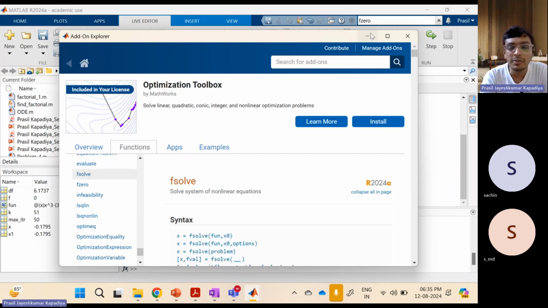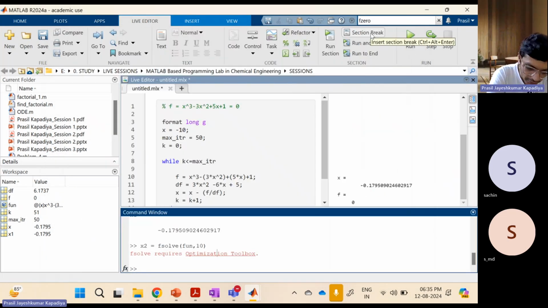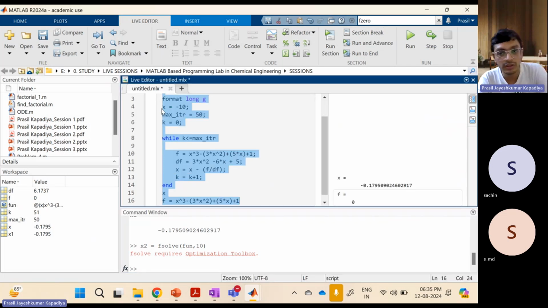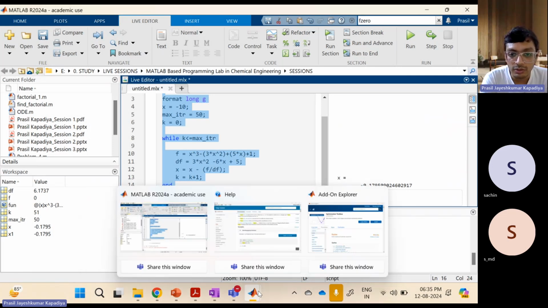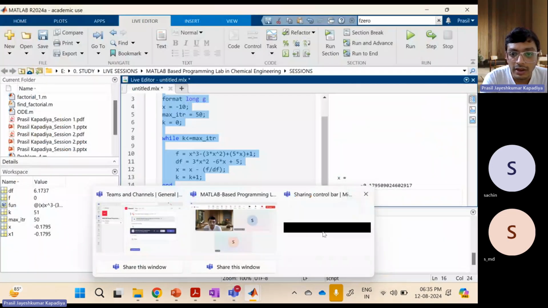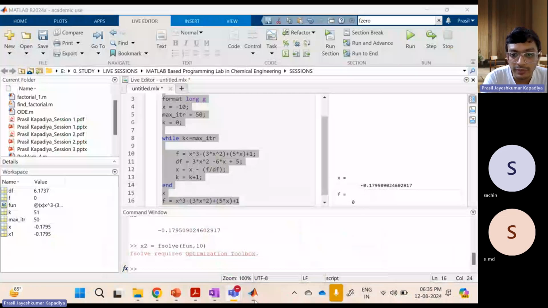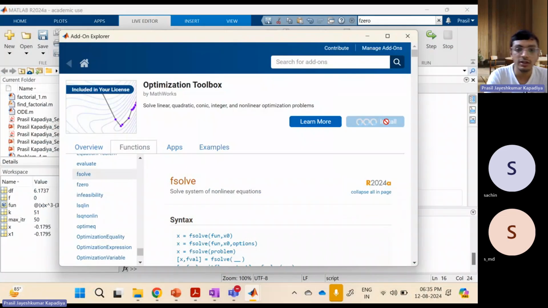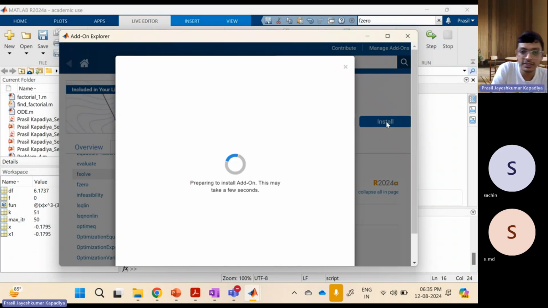Just a minute. My equation is x cubed minus 5x squared, 3x squared plus 5x plus 1. If I need to write it again, I can, but I just copy this code, so I don't need to write it again. Let me install this. Optimization Toolbox, so I'm installing it. fsolve is basically used in optimization problems.